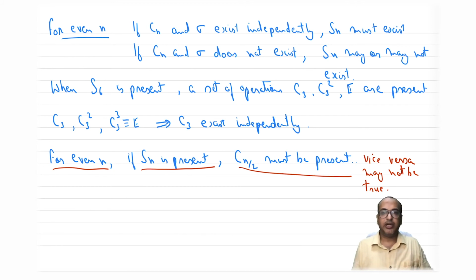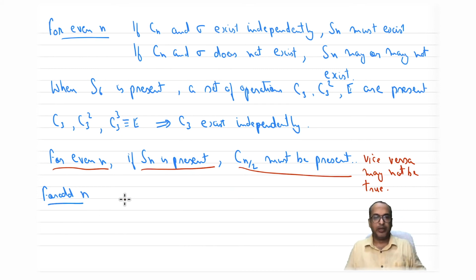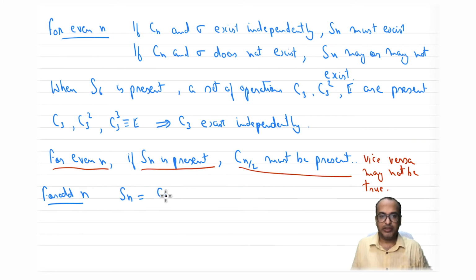Now let us look at the case for odd n. So for odd n, what happens? Let us do the same exercise that we did for even n. If we have Sn, we have Cn sigma.